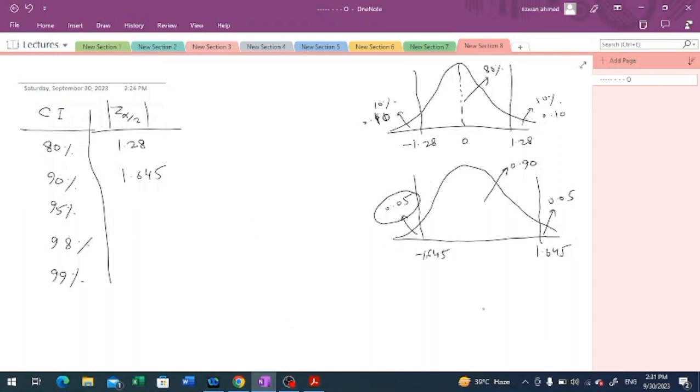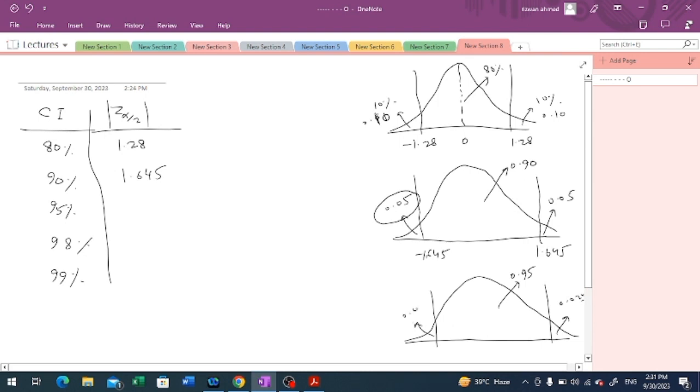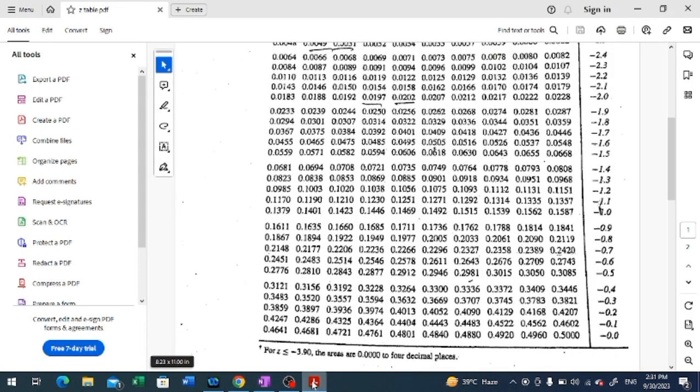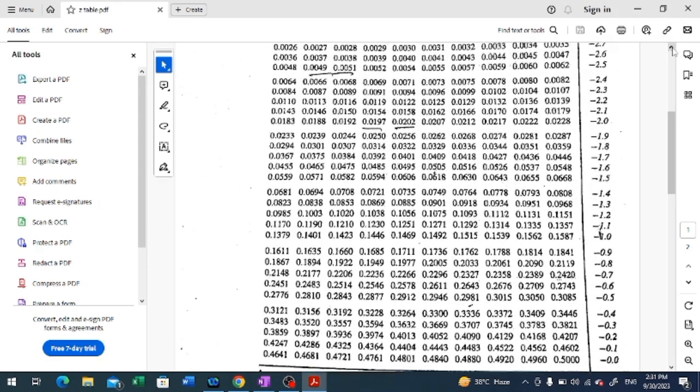Now, if we go for 95% CI, then in that case, we need to leave 0.025 as two equal areas under the two tail end regions. Now, if we consider this 0.025 probability, we need to go to the table again. 0.025 probability is the only probability that is available exactly in the z table.